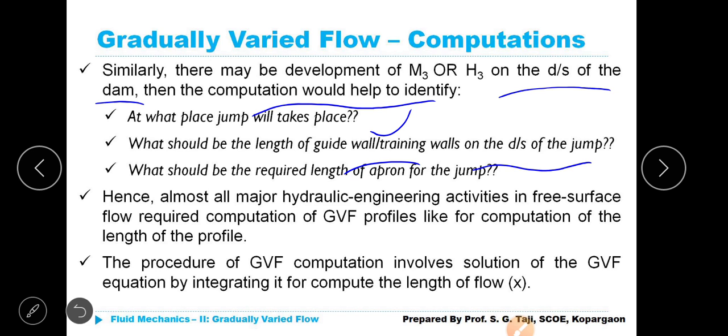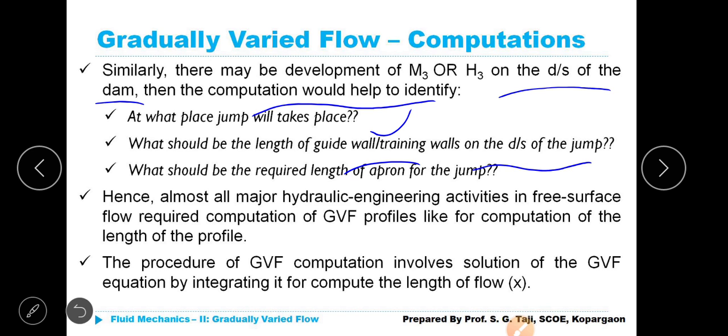When you draw the figure properly with such profiles, upstream side, downstream side, showing the control section, showing the profile in a proper way in which zone it is occurring, depending upon which structure is constructed, whether it is a dam, a spillway, a sluice gate, or a mild slope followed by a steep slope, then there will not be any confusion to understand.